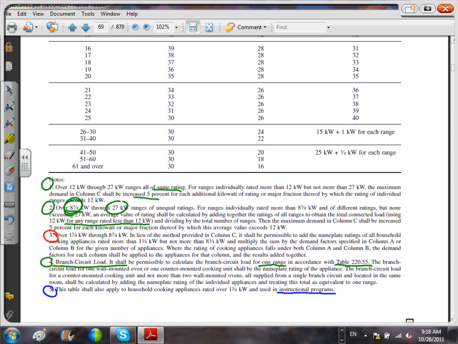Range, use the table. For branch circuits, cool? Does that make sense? So apply this table, and it says if it's a wall-mounted oven or counter-mounted cooking unit, you have to use what? The nameplate. Very important, the nameplate. Only the range, one range, you can size the branch circuit based on this table. We'll see that in a second. Only one range.